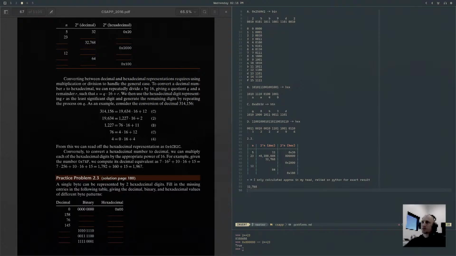So the best way I have to do it is just put a bunch of zeros, and each one of these counts for 2 to the power of 1 subtracted from it. So you go all the way to the left. So I know this would be 1, 2, 4, 8, 16, 32.